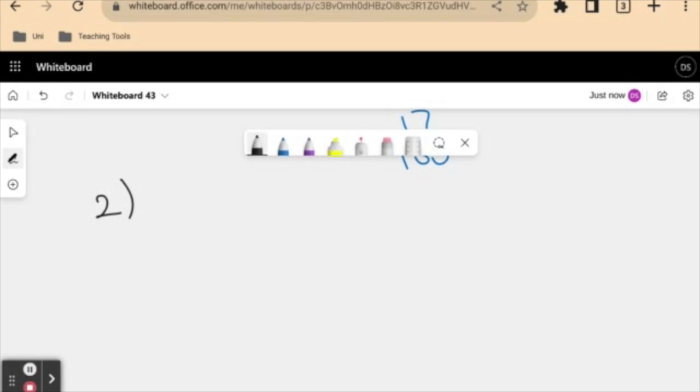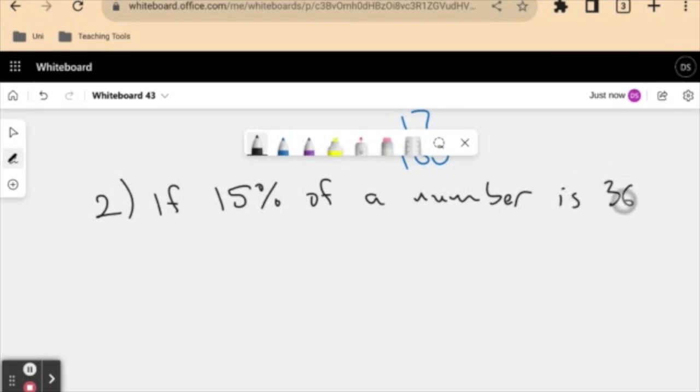So this question I'm going to write is, if 15% of a number, some number, is 360. What is the number?